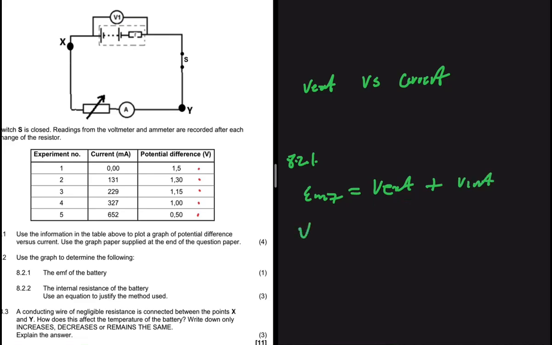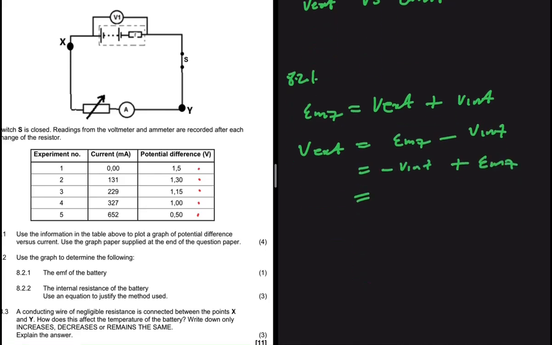So we can say that V external is equal to EMF minus V internal. So V external will be equal to minus V internal plus EMF. But we know fully well, beyond reasonable doubt, that V internal is equal to I multiplied by the internal resistance.